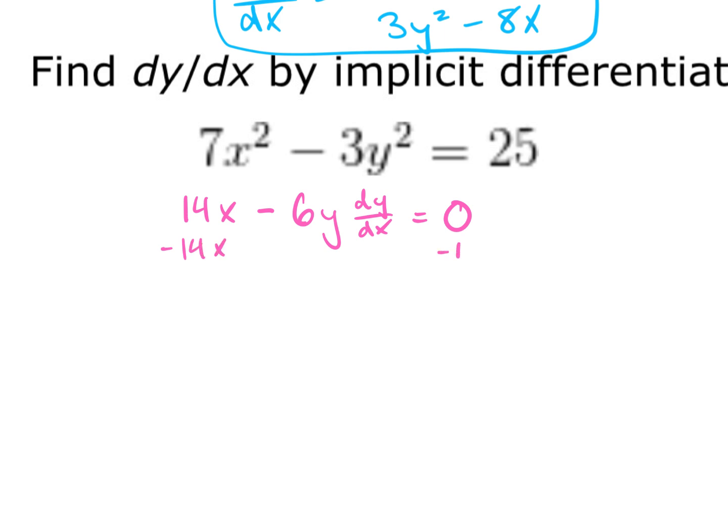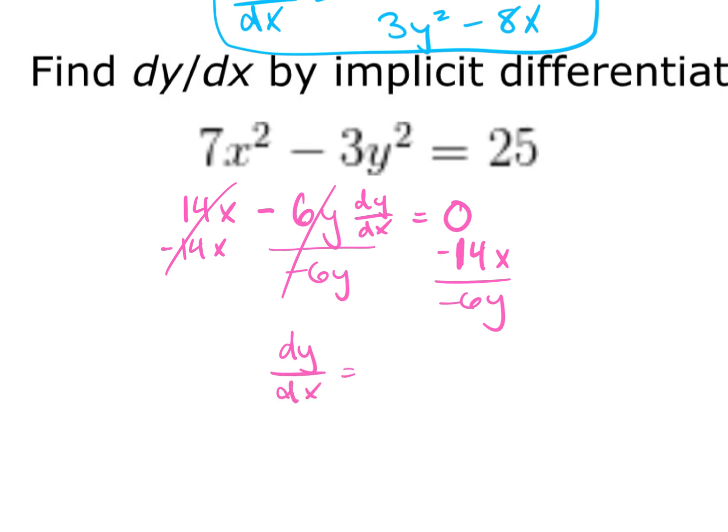Subtract 14x. And we'll divide by negative 6y. So dy over dx is equal to, can I simplify 14 over 6 to what? 7 over 3, or 7x over 3y.